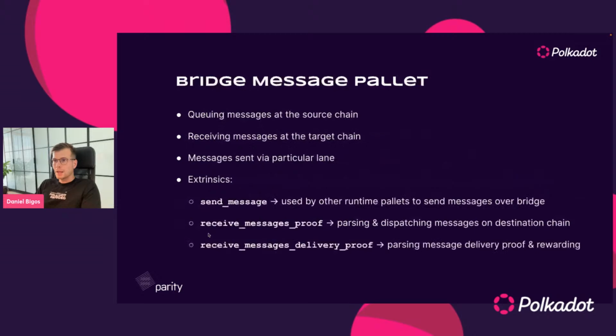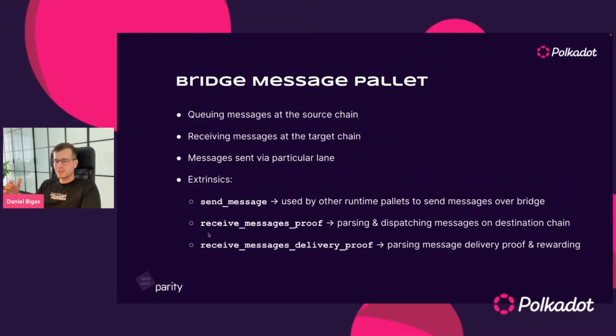Bridge messages pallet, another crucial pallet in terms of the Kusama to Polkadot bridge. The bridge messages pallet is responsible for both the incoming part and the outgoing part. For the outgoing part, it queues messages at the source chain.